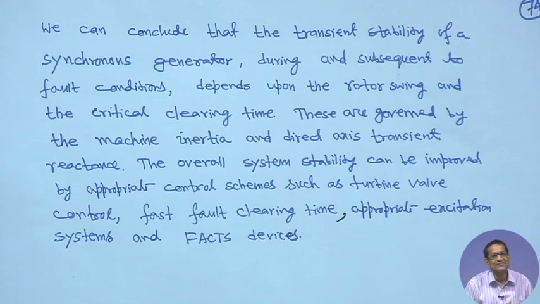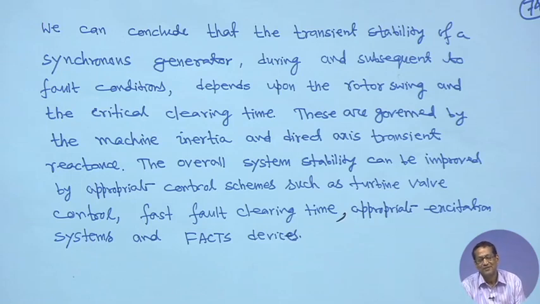Now, for power system stability studies, whatever we have studied: a little bit of steady state stability, that is the gradual increase of the load, that is, the maximum loading capability before losing synchronism.